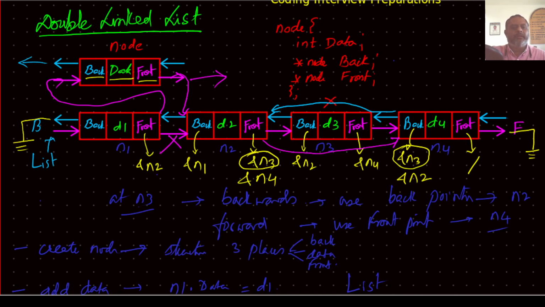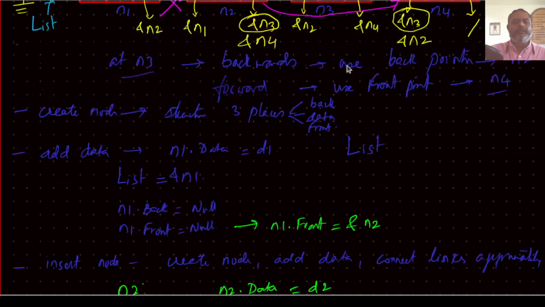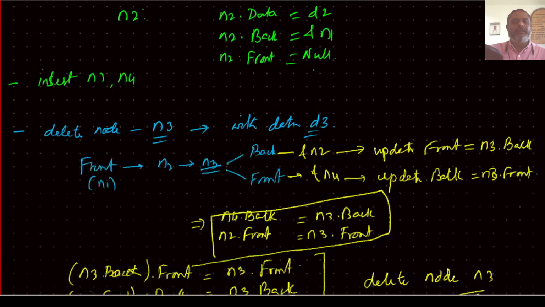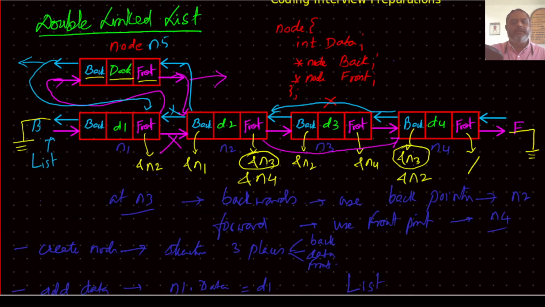And then cancel this from here, connect here, and from here connect back here. So that allows you the reverse journey. This way, the fifth node can be inserted between N1 and N2. So insertion is similar to the insertion we did in a single linked list, but the only thing is we have to update two links.